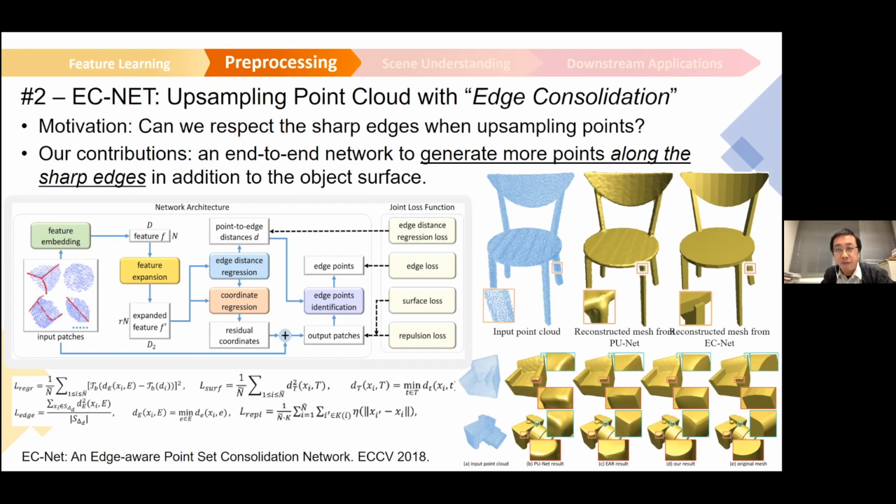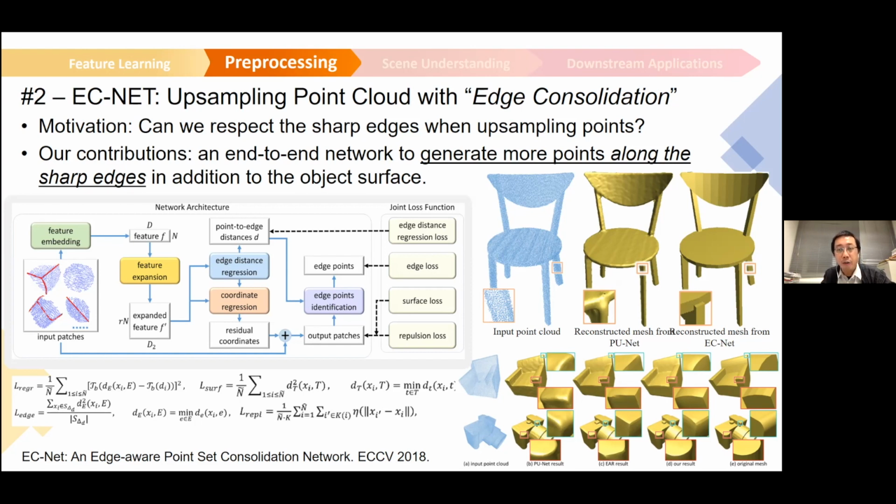Using this method, we can further formulate an edge-aware loss to directly minimize such distances. By this means, based on the annotation, we push the points closer to the edges. In doing so, we found that we are able to train the network to identify points that are near edges and also encourage these points to be closer, not just to the underlying surface, but also to those annotated edges.